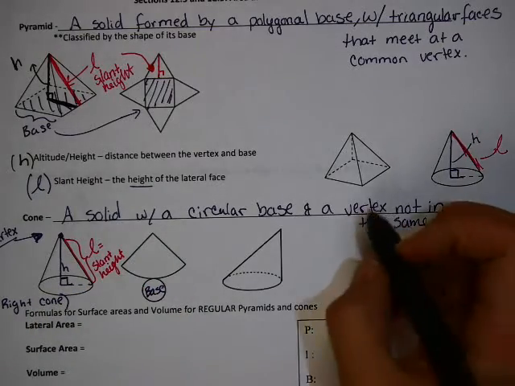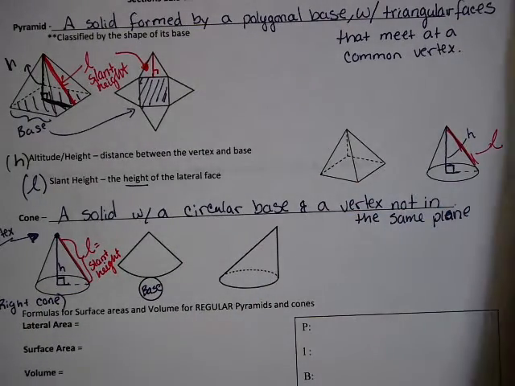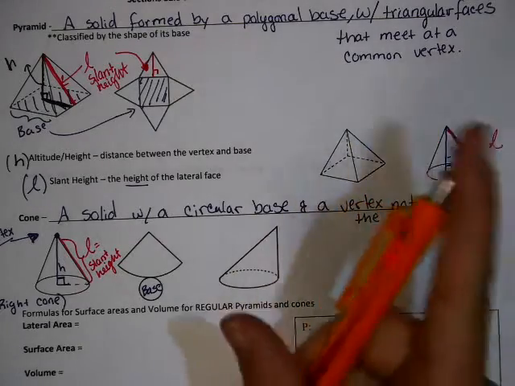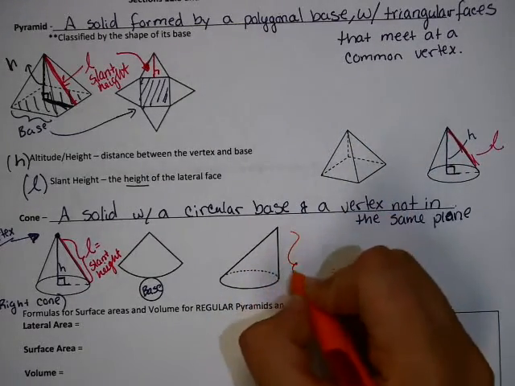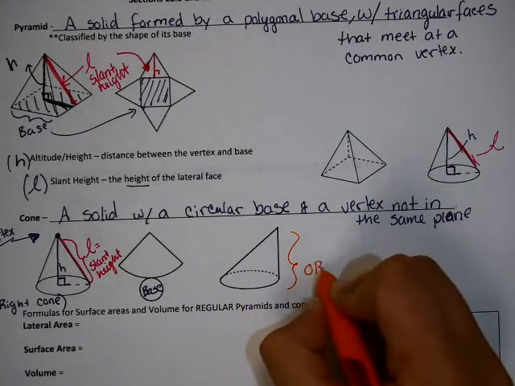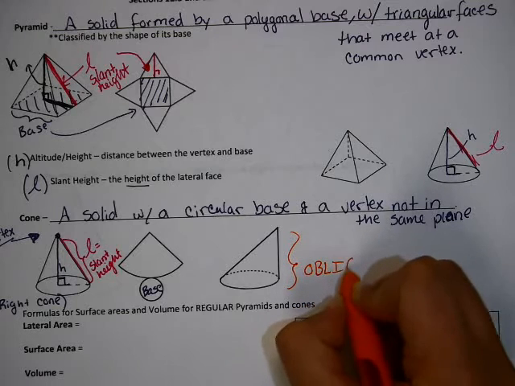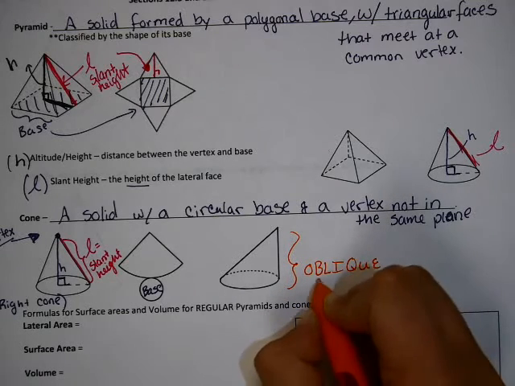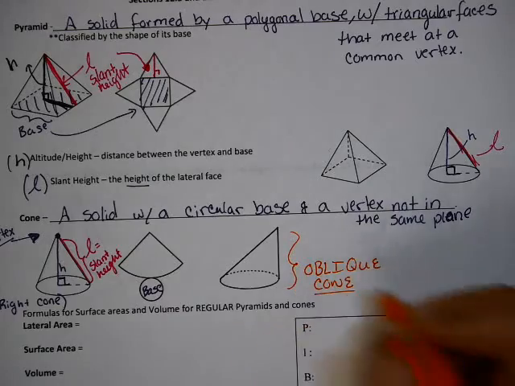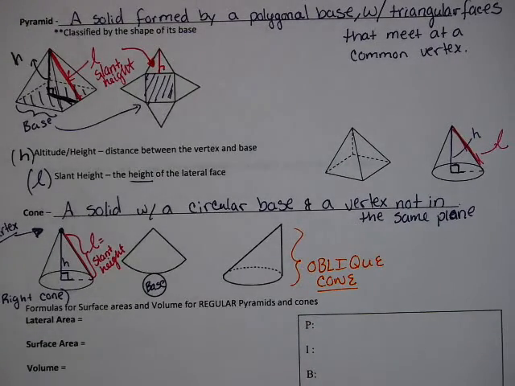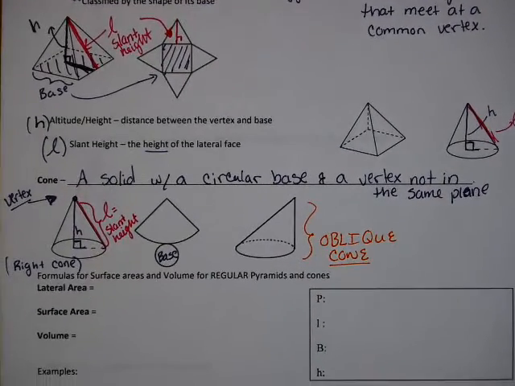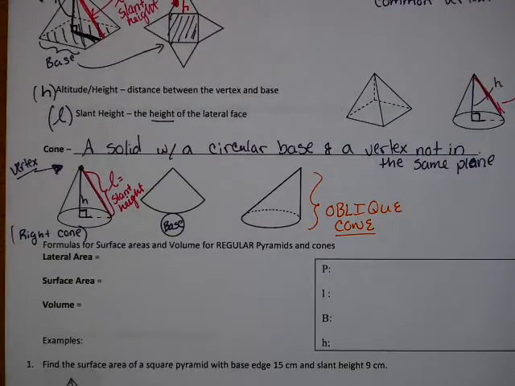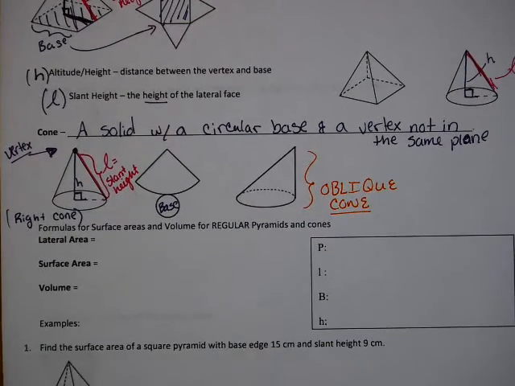And because this cone is slanted, this makes it an oblique cone. Okay, so in an oblique cone, you just have to find the height by finding where your right angle would be to create the height.